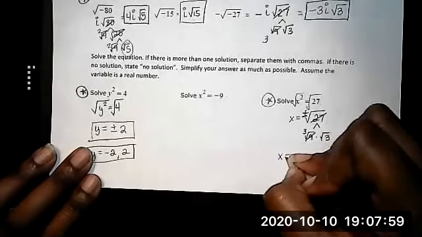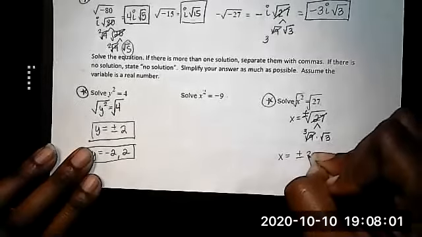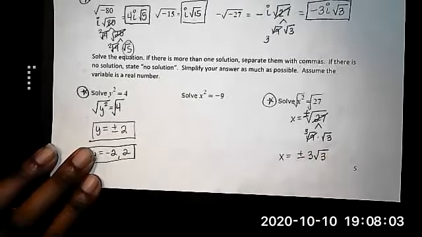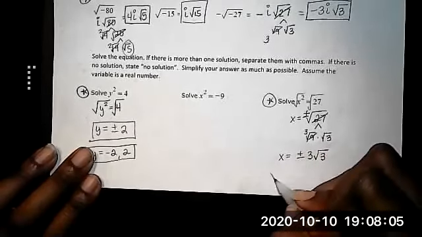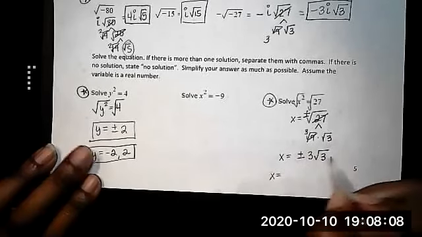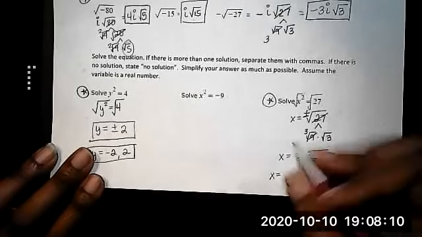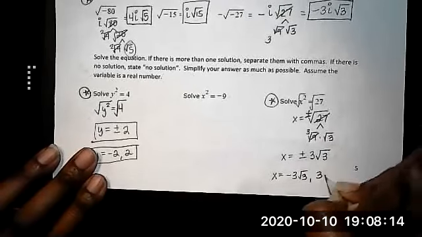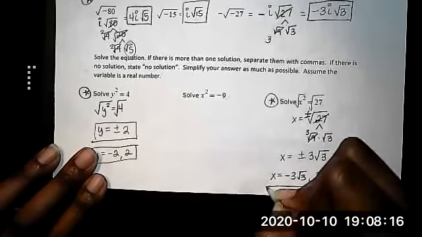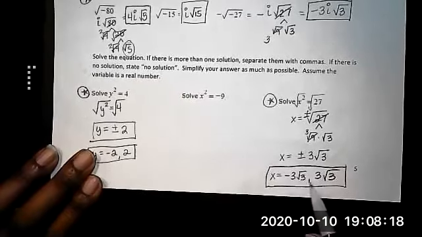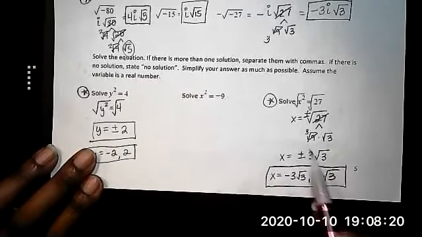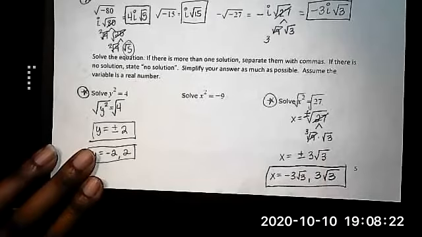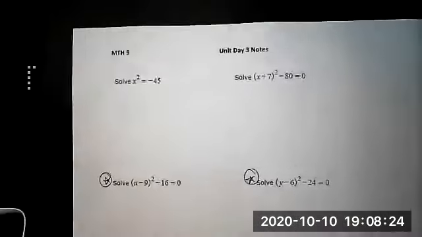So this is going to be equal to plus or minus 3 times the square root of 3. So they want us to kind of split it up. Remember, that is 2 different answers. So here your answer is negative 3 square root of 3, comma, positive 3 square root of 3. These 2 are your answers. Okay, so there's 2 different answers when you take the square root of both sides. And you will be seeing that a lot.